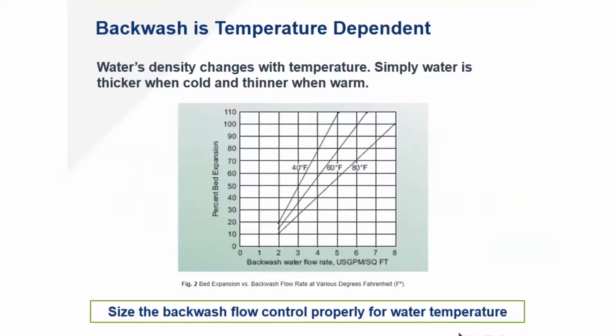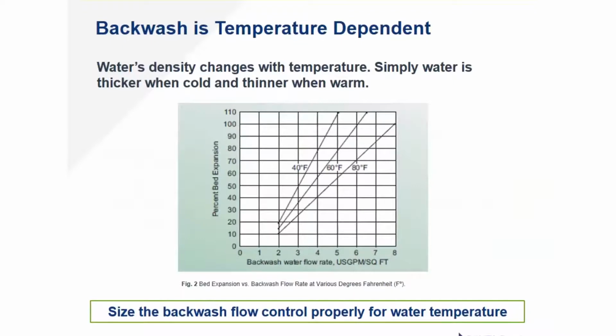If the water's warmer and looser and more spread out, we don't have as much power to lift the media above us. We're going to slip through a lot easier as it gets warmer. And as it gets colder, the water is tighter and denser, and it has more ability to lift that bed and throw it up.